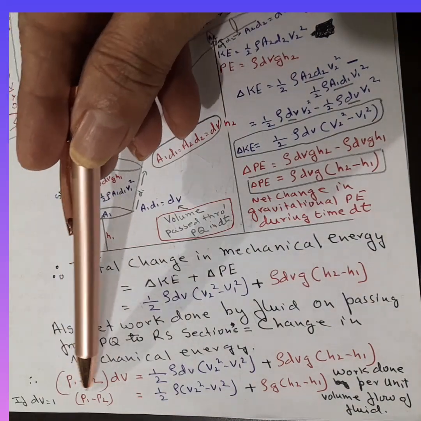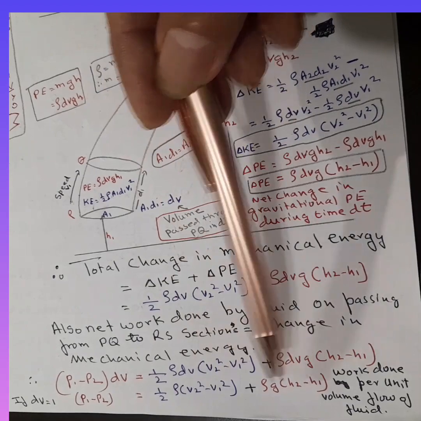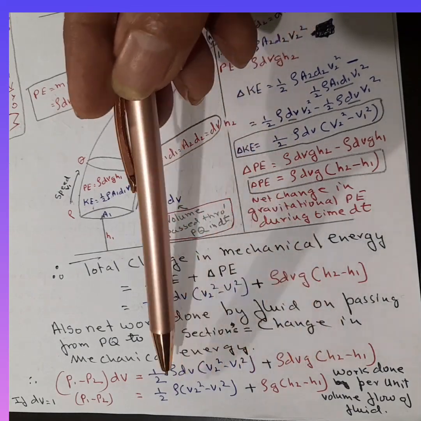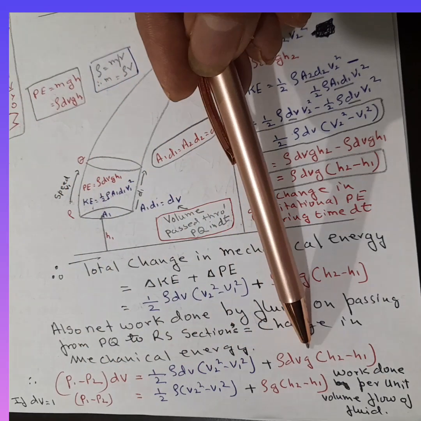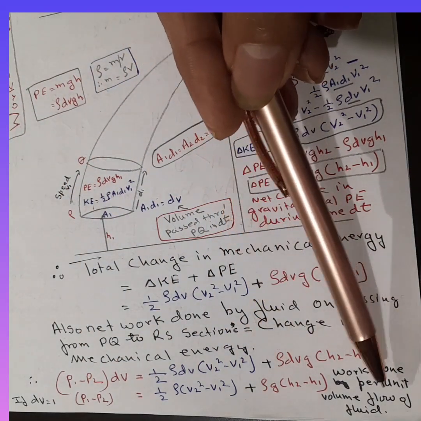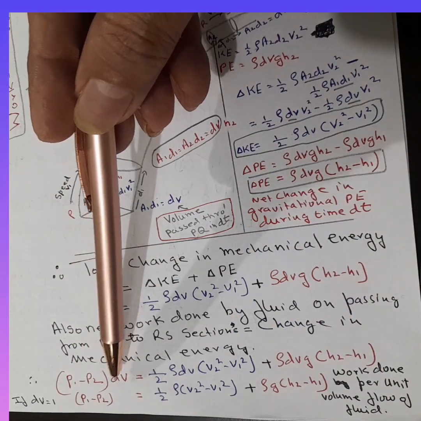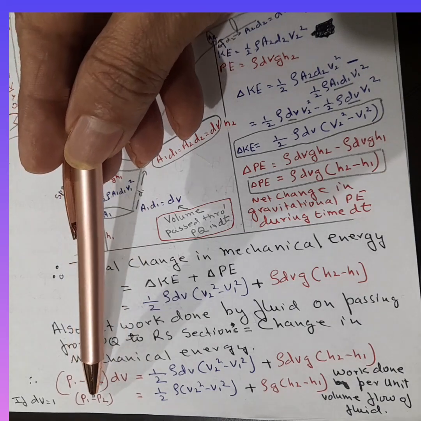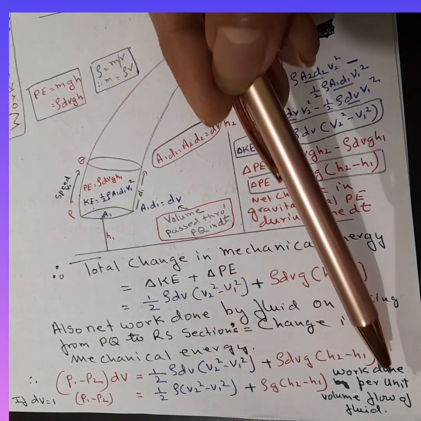So we put in this formula we had already derived for work, and this which we derived right now, change in mechanical energy. So this is our formula. Now if we intend to find work done per unit volume flow of fluid, then we substitute dV as 1. So we get this formula. So this becomes our formula for work done per unit volume flow of fluid.